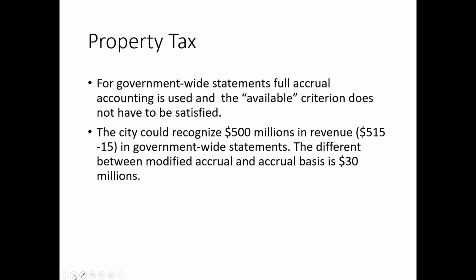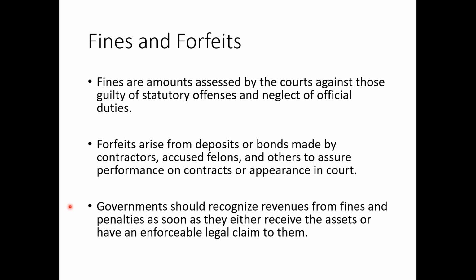Okay, next, let's talk about fines and forfeits. Those kinds of charges are also important revenues for government. Fines are amounts assessed by the courts against those guilty of statutory offenses and neglect of official duties.